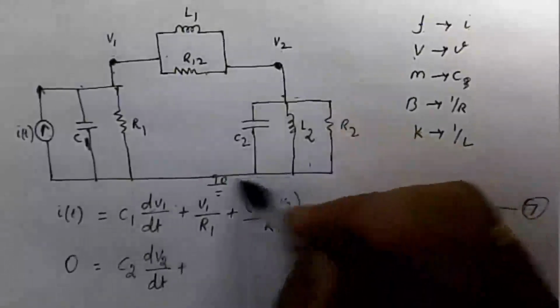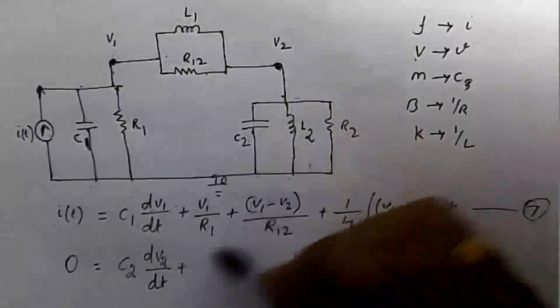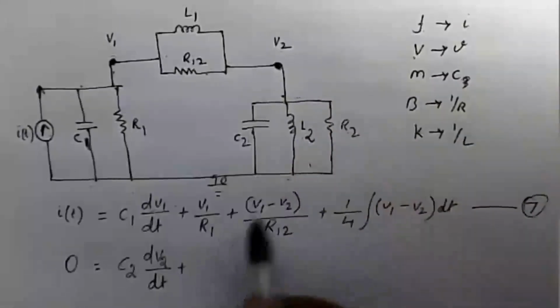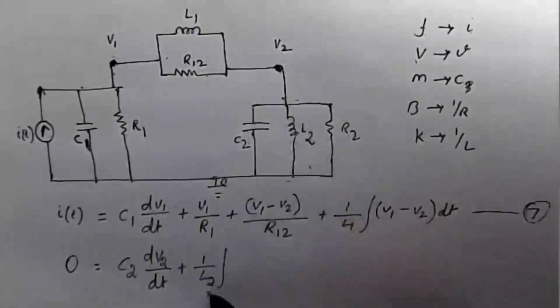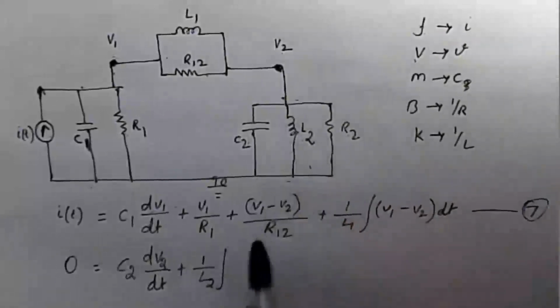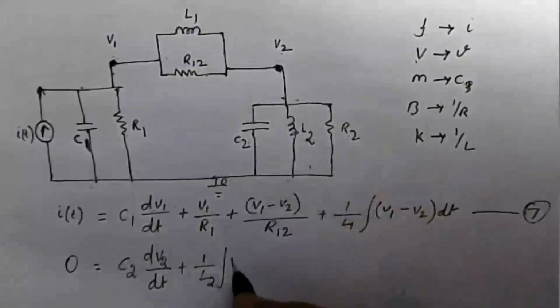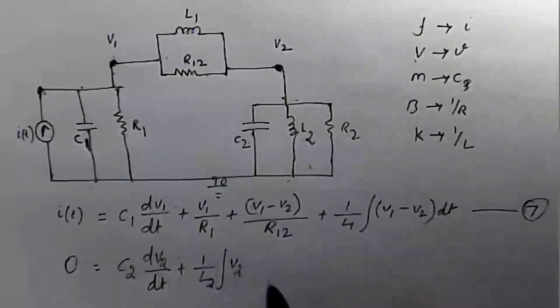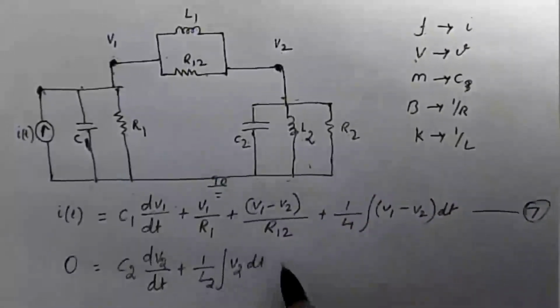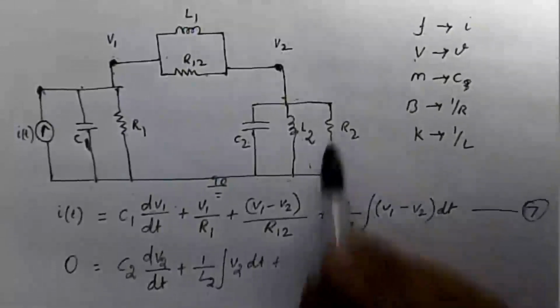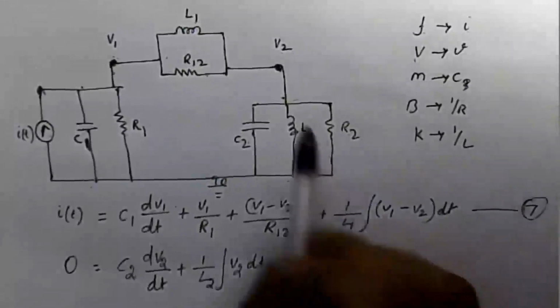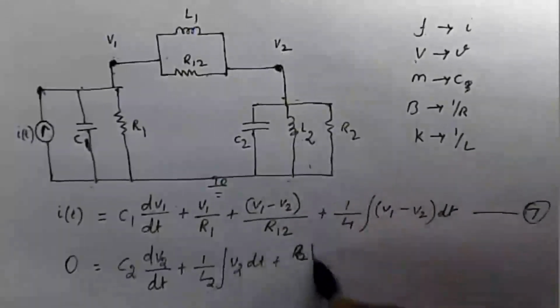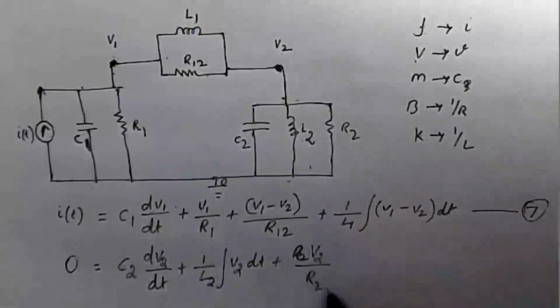This end is V2, this end voltage is 0. Plus the current flowing through the inductance L2, which is 1 by L2 integral of the voltage across the inductance, V2 minus 0, that is V2 into dt. Plus the current flowing through the resistance R2, that is V2 minus 0, V2 divided by R2.